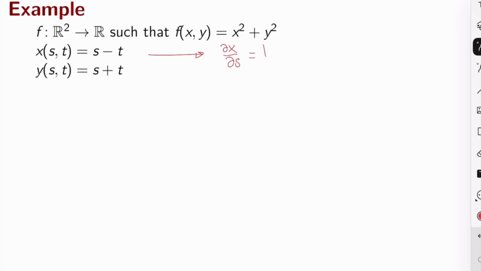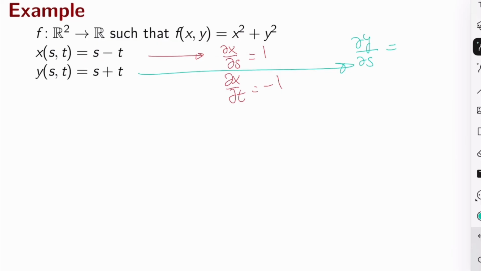So 1. And the partial of x with respect to t is going to be minus 1. Now, in this other one, the partial of y with respect to s is going to be 1, and the partial of y with respect to t is going to be also 1.